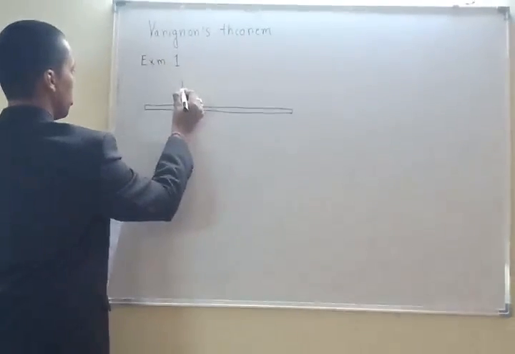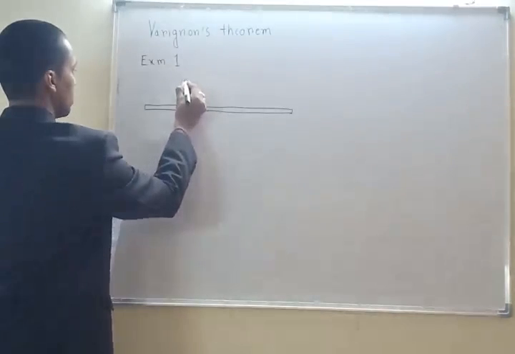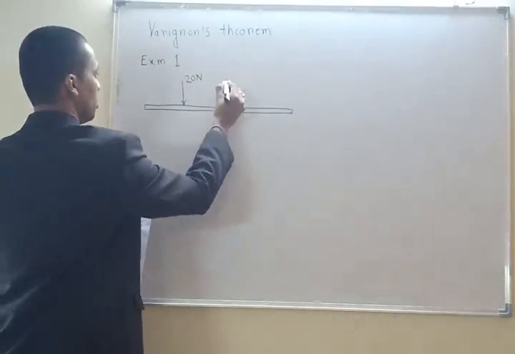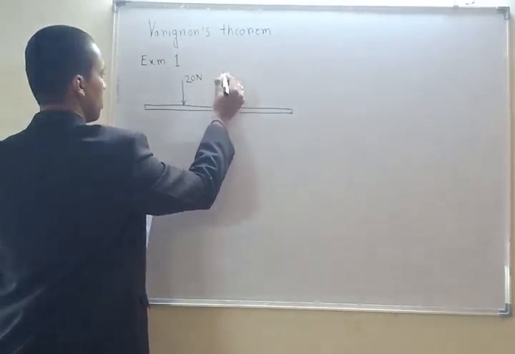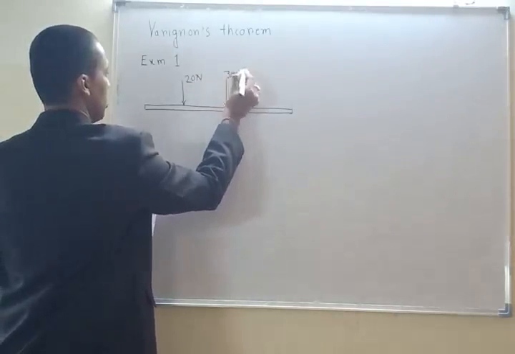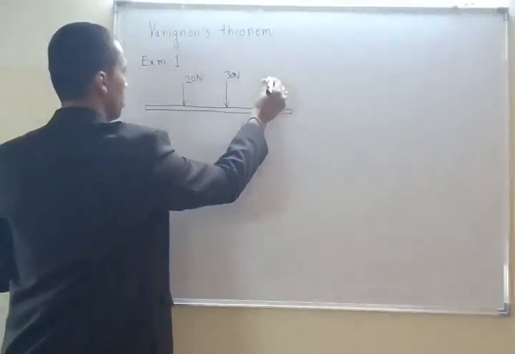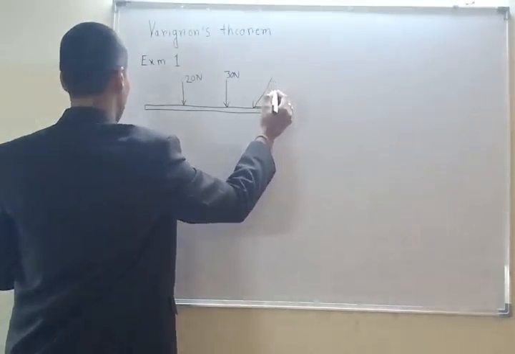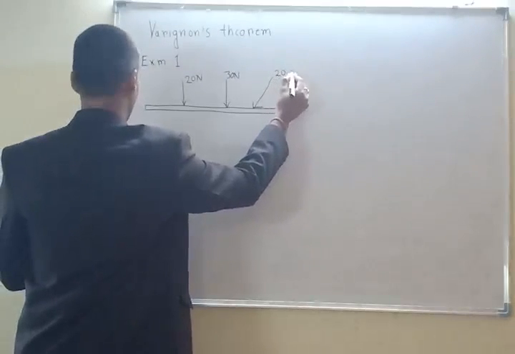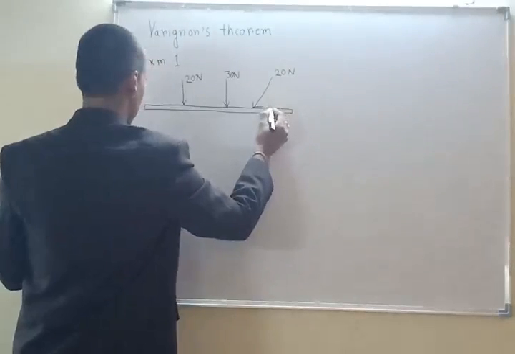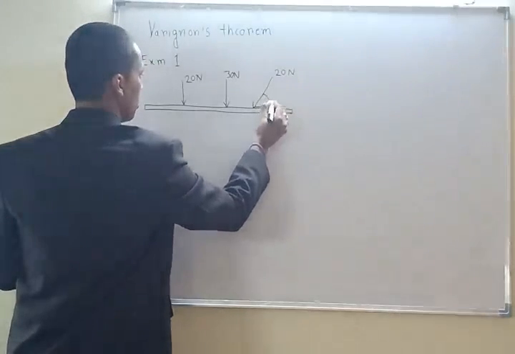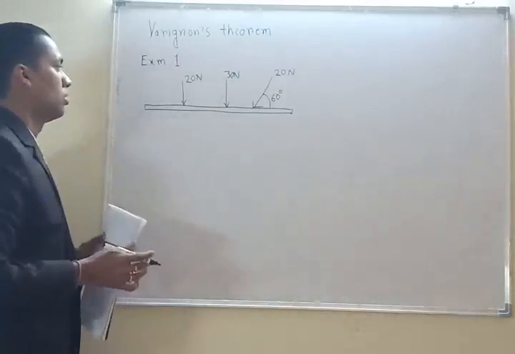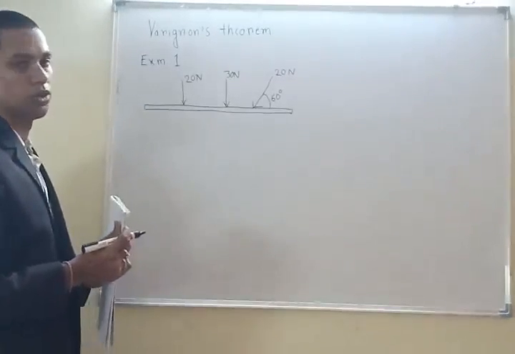This is a point load of 20 Newton. This is a point load of 30 Newton, and there is one more point load, but not perpendicular. This is 20 Newton at an angle of 60 degrees with the horizontal.